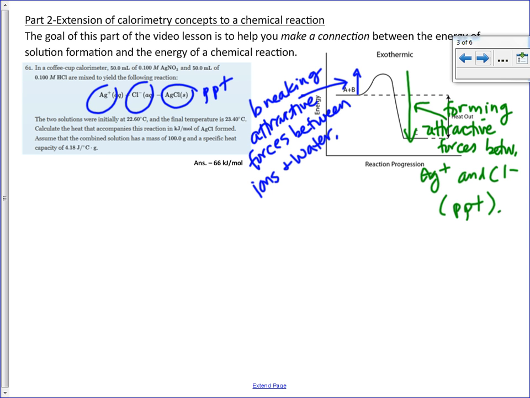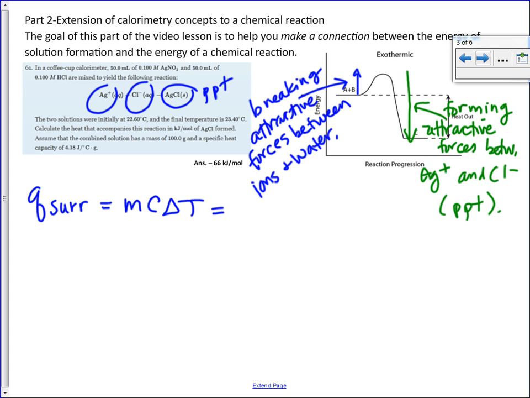All right, so the first thing we need to do here is realize that the temperature change is that of the surroundings. All the chemicals in the coffee cup calorimeter are your surroundings. So let's get that first. All right, we're going to calculate the heat energy that the surroundings absorb by MCΔT.